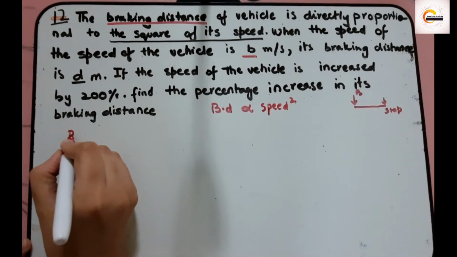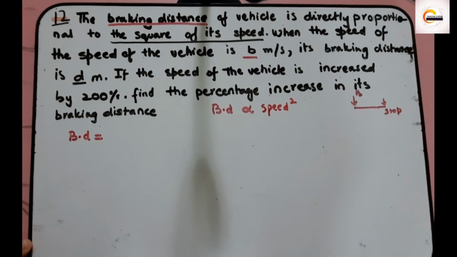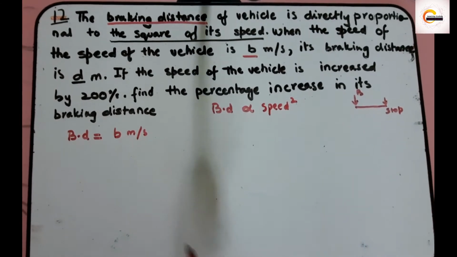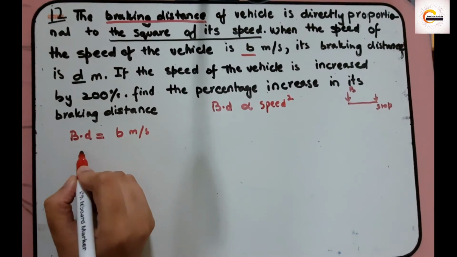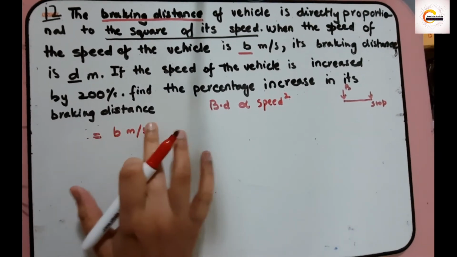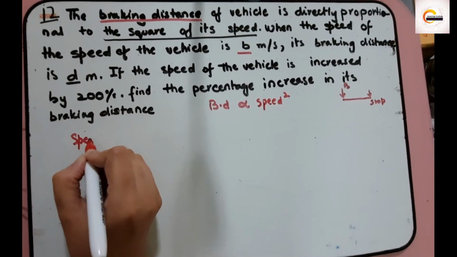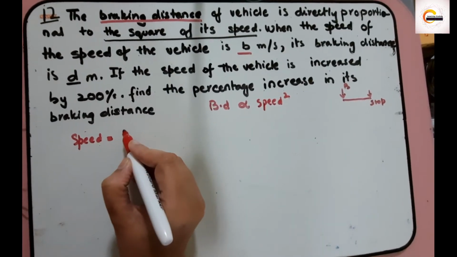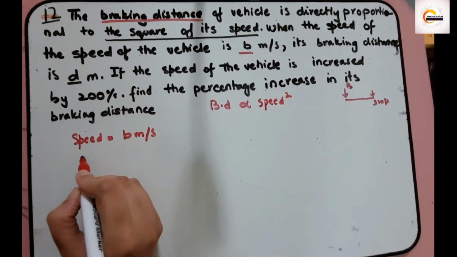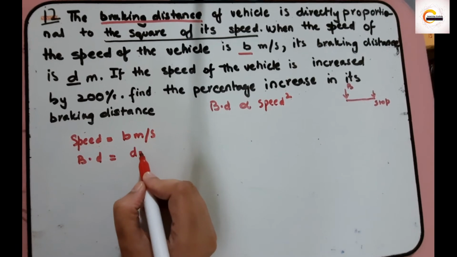Now here the speed is b meter per second, and the braking distance is d meter.